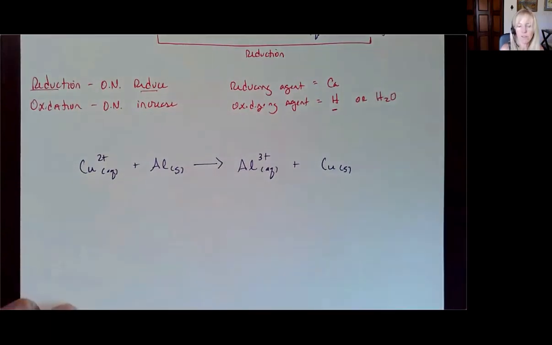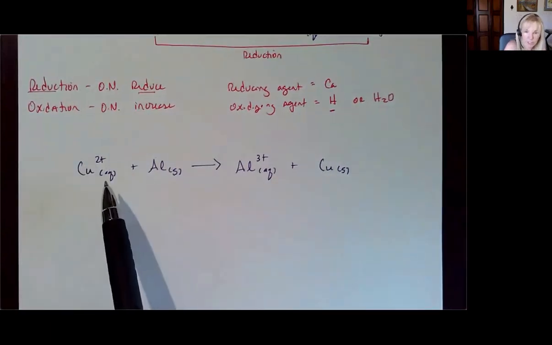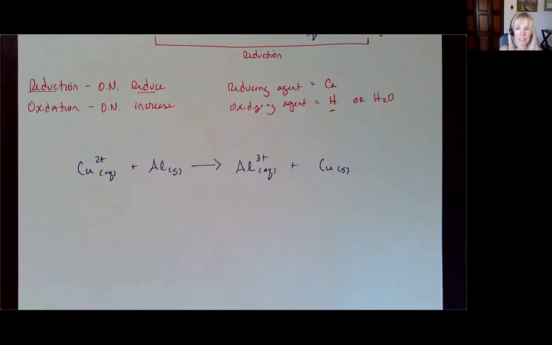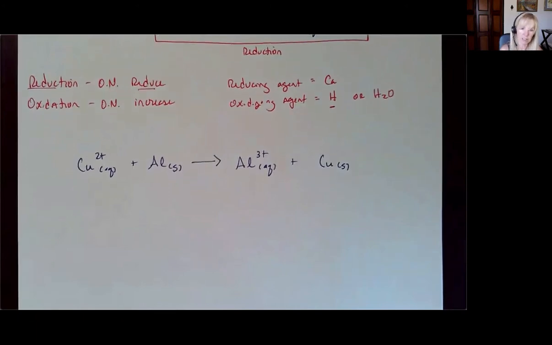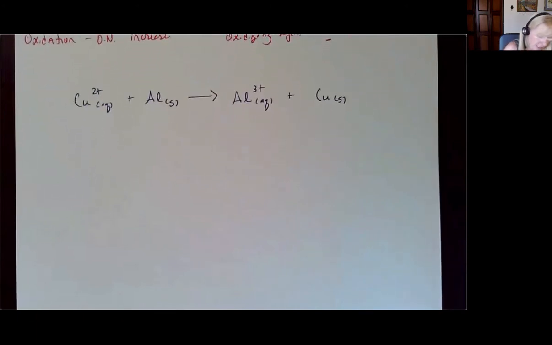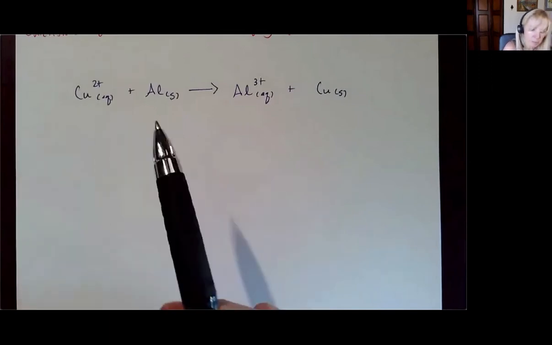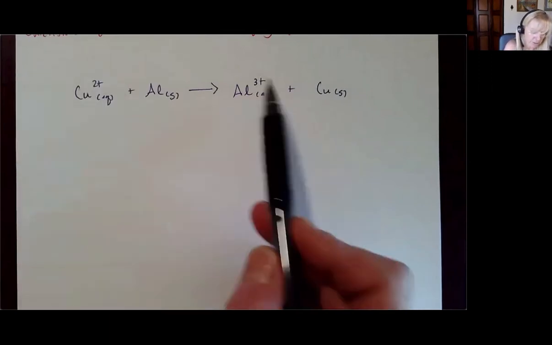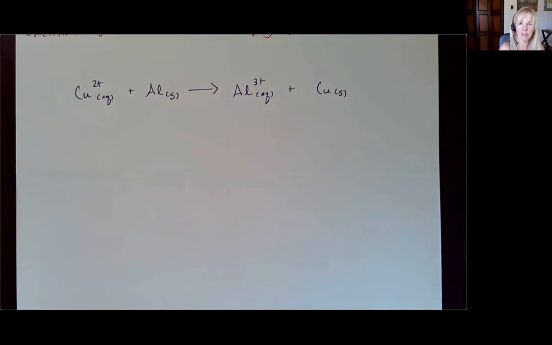And so what I've done here is maybe this was copper nitrate. I've just removed the nitrate because it's a spectator ion. It's not going to be really involved in that redox. And so you'll see a lot of these reactions that look incomplete because you're dealing with ions and you're forming ions, and the spectator ions have just kind of been removed because they're a lot of just noise.